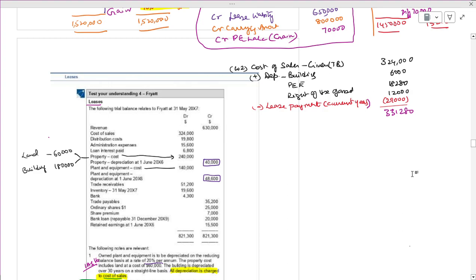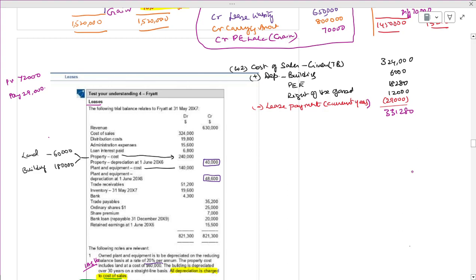The present value is 72,000. Every year you are paying 29,000. See the things.